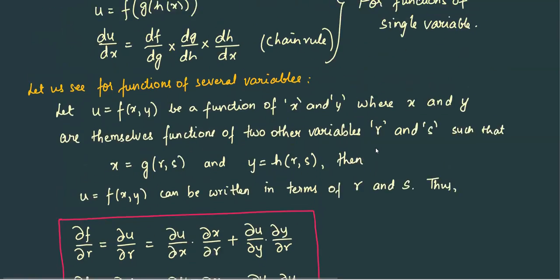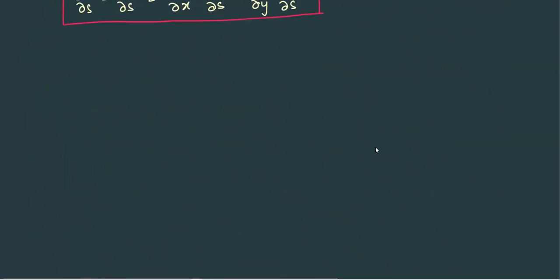Now next, in derivatives, there is the definition of homogeneous functions and their related results. So important, these are very direct results and they are direct formula substitutions, and sometimes questions are directly asked.